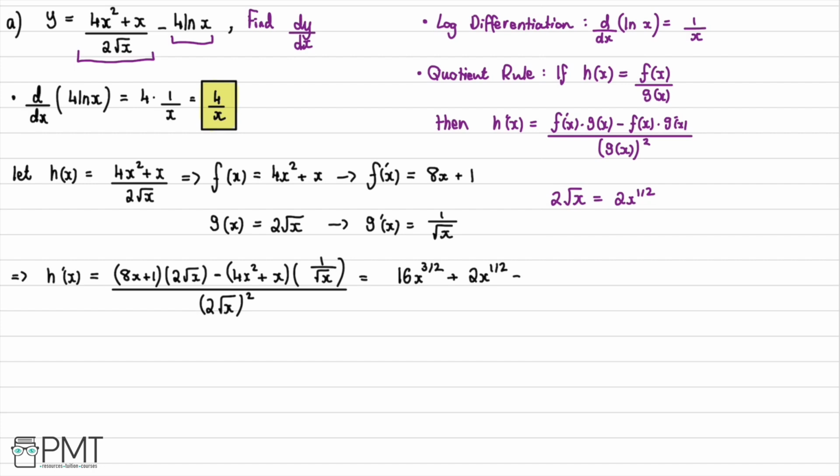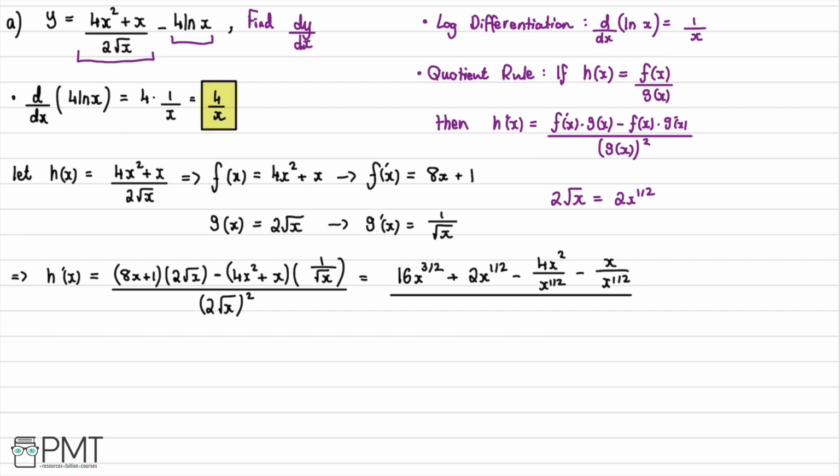And then we're going to subtract. So we'll have 4x squared multiplied by 1 over root x. So 4x squared, and then multiply by 1 over the square root of x. So then we have x to the power of a half. And then our final term is going to be x over x to the power of a half.